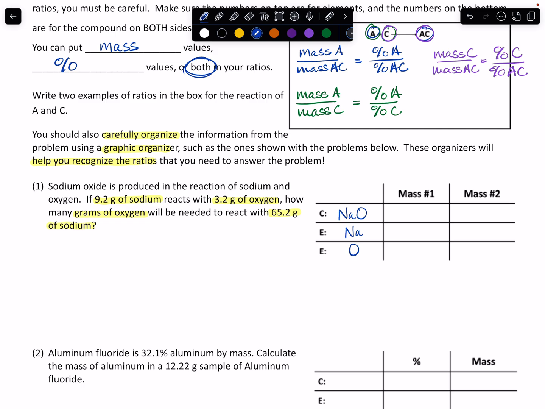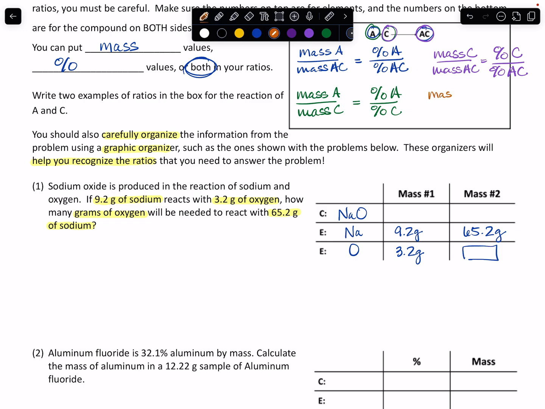So I know that I have 9.2 grams of sodium reacting with 3.2 grams of oxygen. It wants to know how many grams of oxygen will be needed to react with 65.2 grams of sodium. All right, so this is a ratio I didn't actually put up above, but let me go back and do that. We'll use orange.